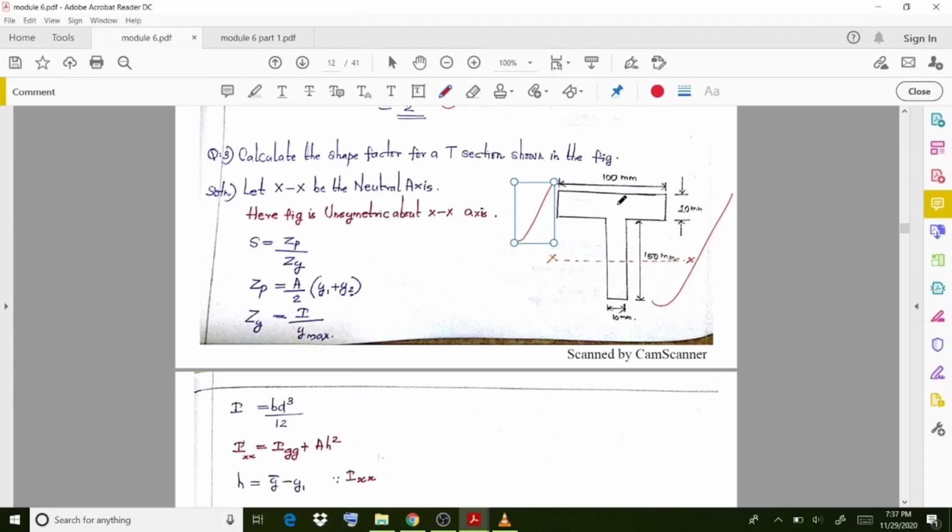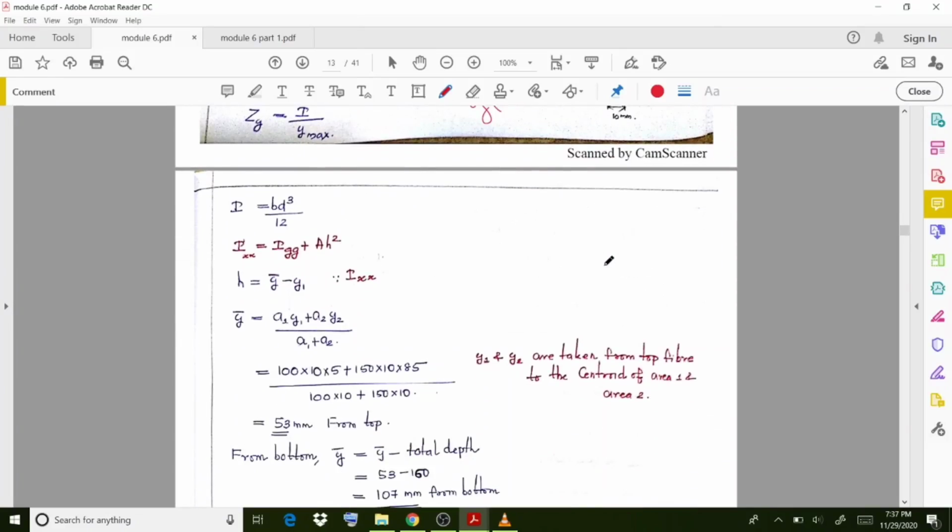Then y1 is half the value here, that is 5. And y2 is 10 plus half, that is 75 plus 10, 85. So you will get y1 and y2 values, and you will get 53 mm from top.